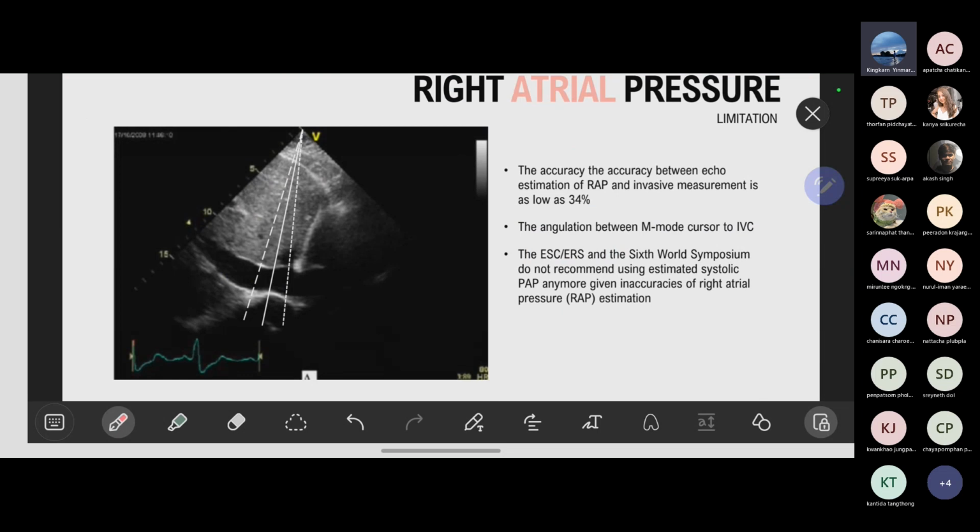And this slide shows the limitations of right atrial estimation. In many patients, IVC dimension cannot be obtained, and the accuracy between echo estimation of right atrial pressure and invasive measurement is low.